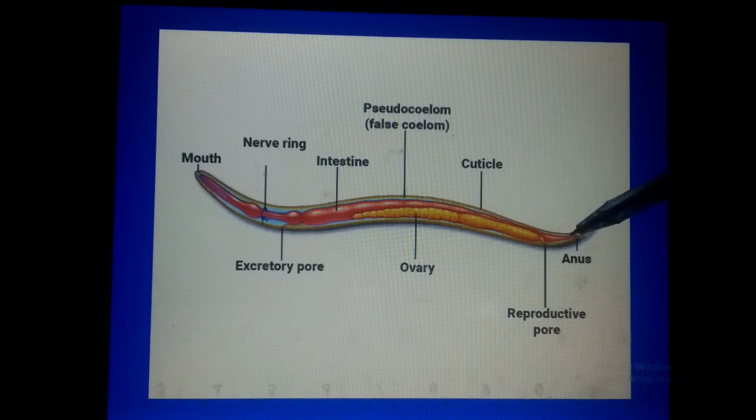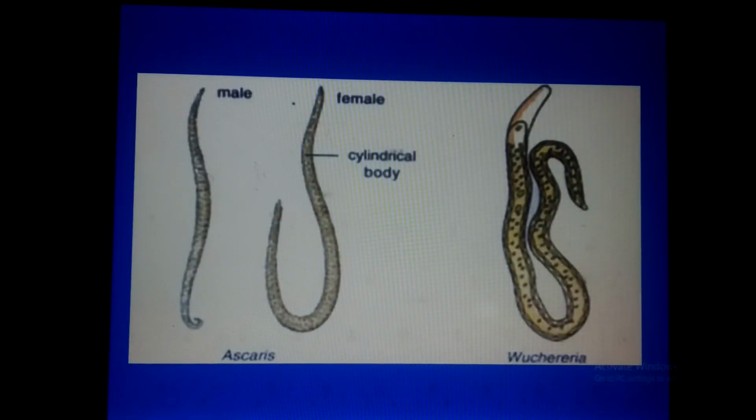Cuticle is present on the skin, and reproductive pores for the release of sperms, or for the entry of sperm in the female, in case the partners are separate. Now, these are the two partners of Ascaris, male and female.